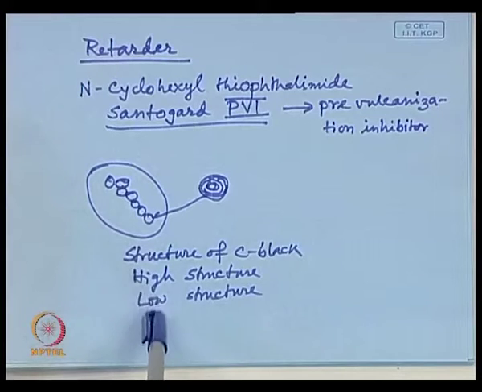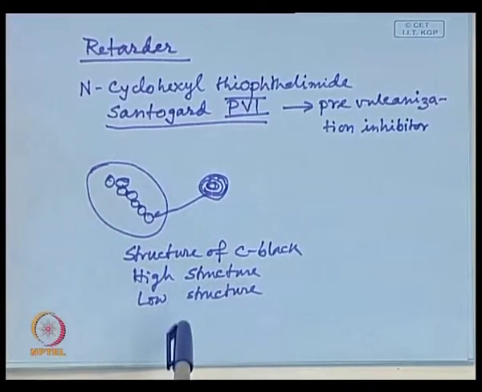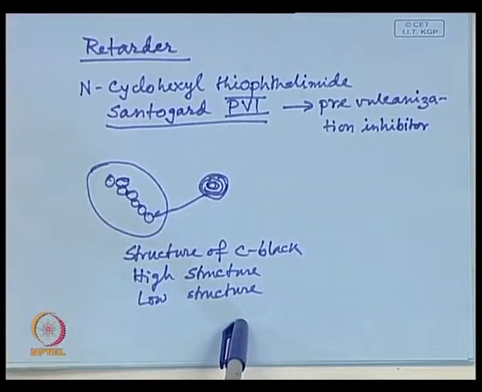On the contrary, if you take fine structure, low structure carbon black, those particles can be easily accommodated in the rubber, but once accommodated, immediately they will form aggregates, and then breaking those aggregates is rather difficult. Why? Once they form aggregates, by virtue of their surface forces, surface energy, if you want to break those aggregates, you have to go for extended milling in the mill.